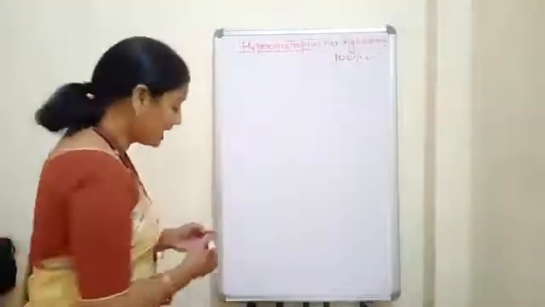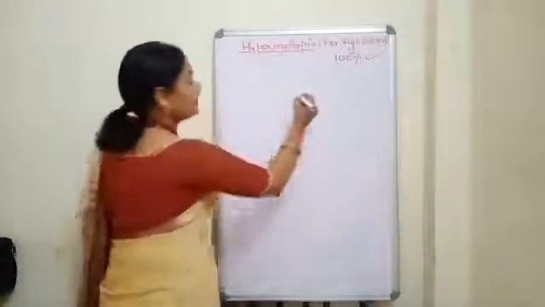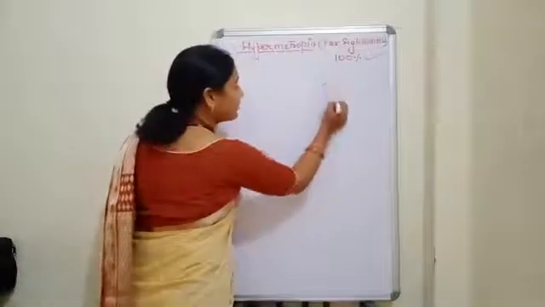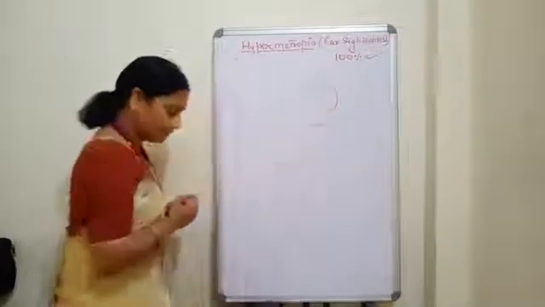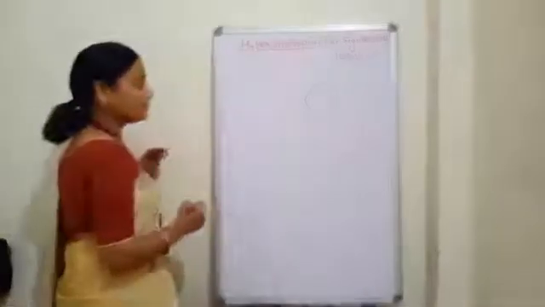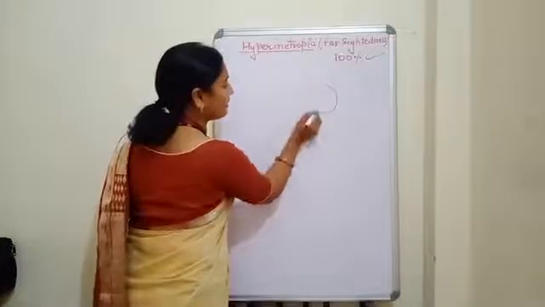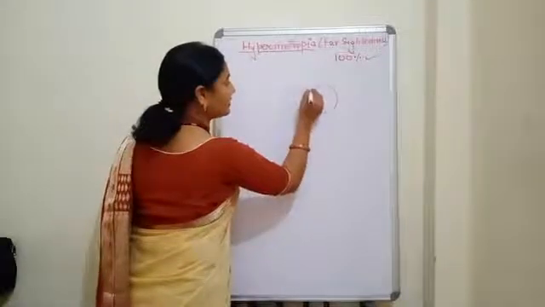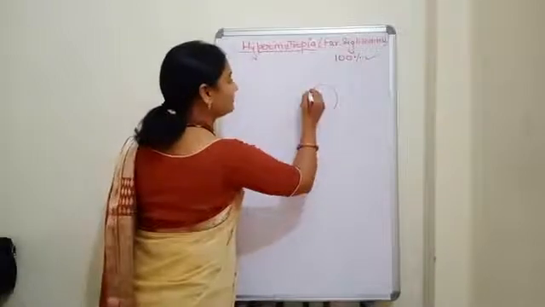Now see how it happens, children. Again, I am going to draw the eye. Suppose this is the structure of the eye. This will be your cornea. Let me make it straight. This is our cornea.